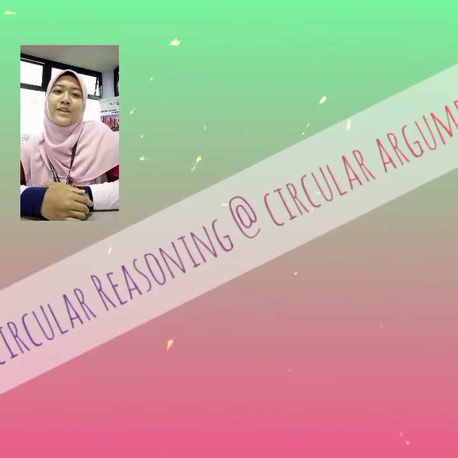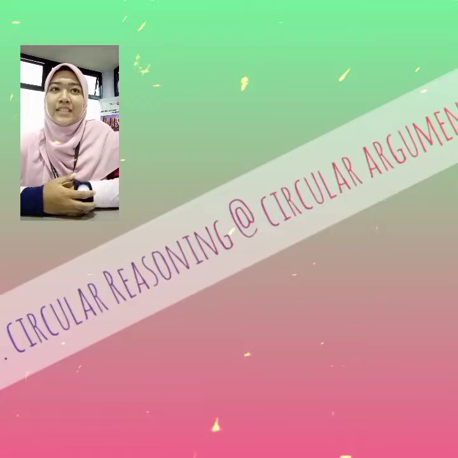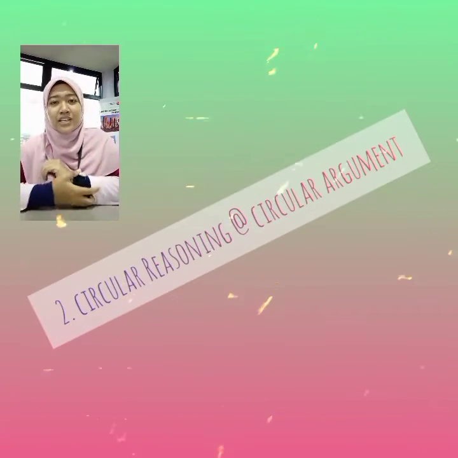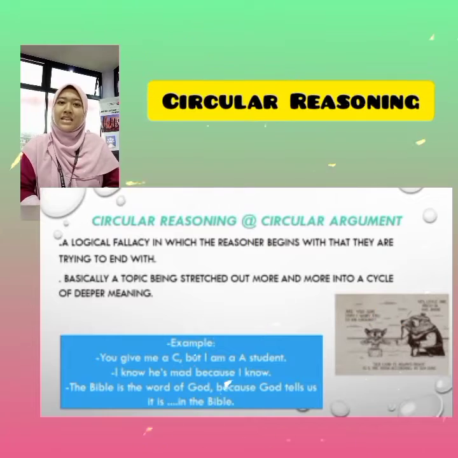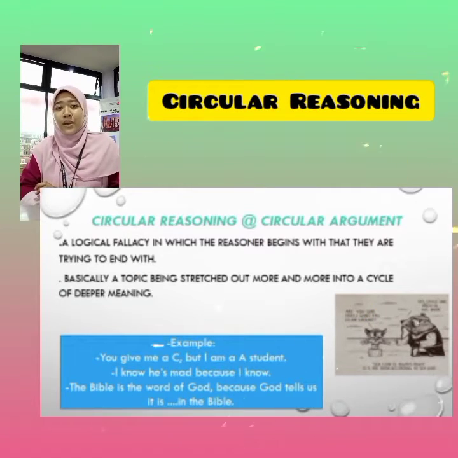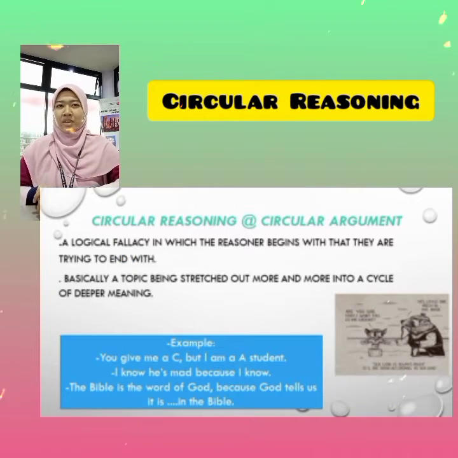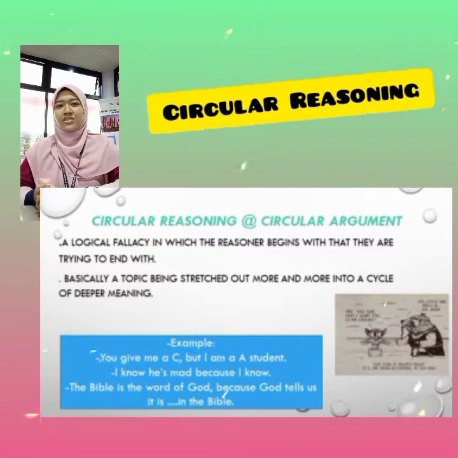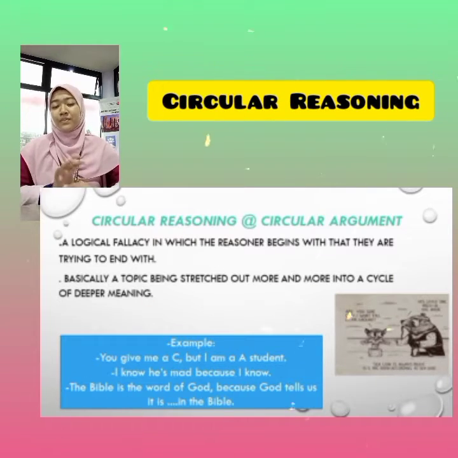The next is circular reasoning, also called circular argument. What is the meaning of circular reasoning? Circular reasoning is a logical fallacy in which the reasoner begins with what they are trying to end with. Basically, a topic is stretched out more and more into a cycle of deeper meaning.